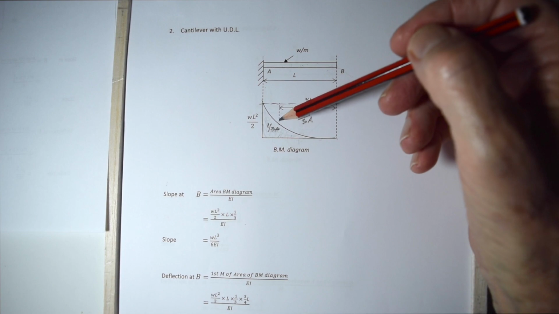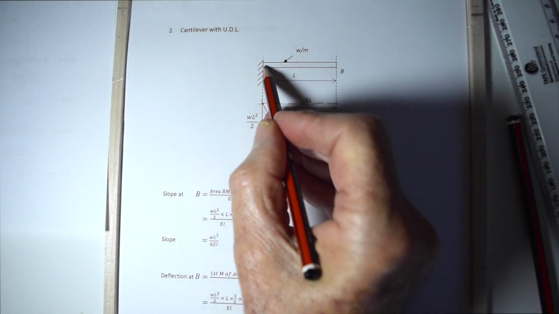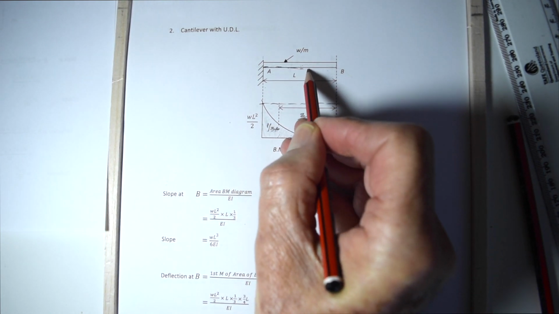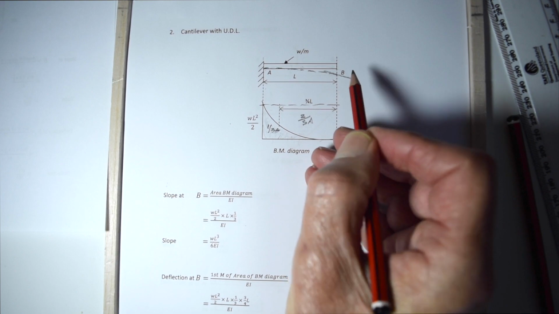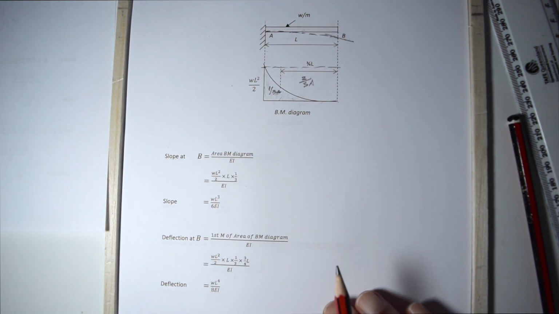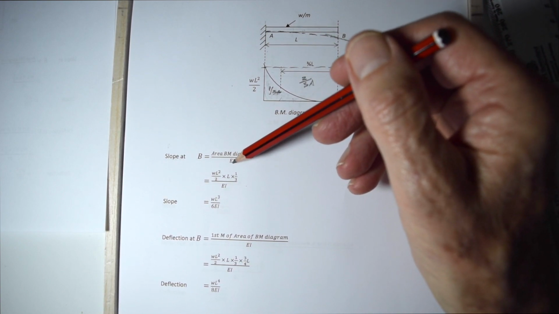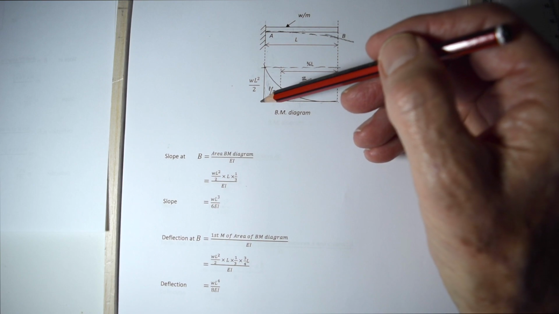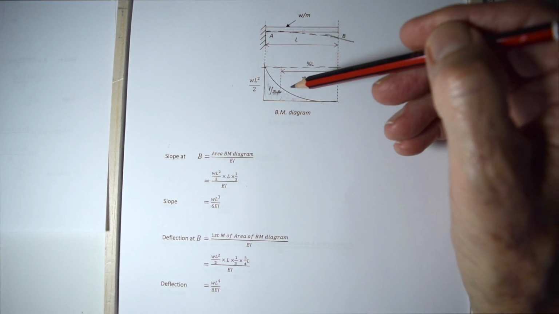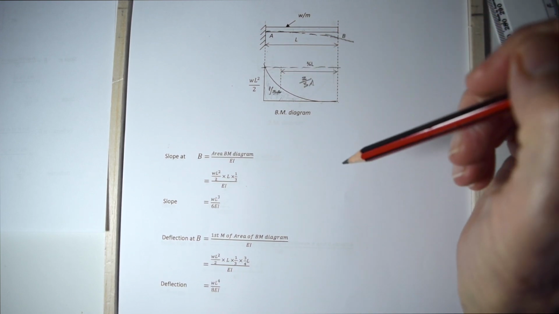Now, the slope at B, the slope due to the cantilever, as I said in the first problem, bending down like that, the slope there is the area of the bending moment diagram divided by EI. What is the area? WL squared over 2 times L times 1/3 of this enclosing area.